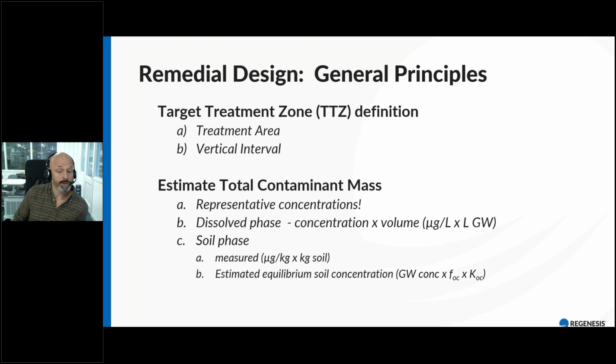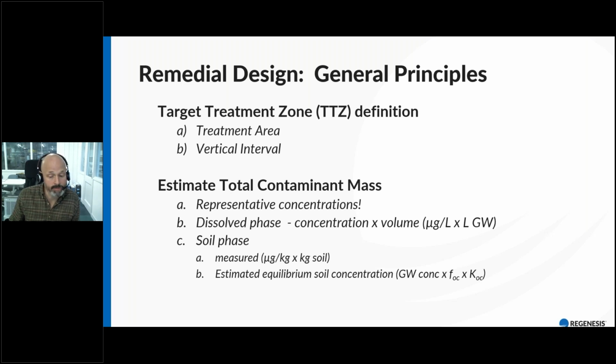Then we will move on to an estimate of the dissolved phase mass. So we will take those representative groundwater concentrations, and we will multiply that by the treatment zone pore water volume to give us an amount of mass in the dissolved phase. Soil phase. Again, we will look for representative soil concentrations that have been taken from the field, and we'll multiply that by the estimated soil weight of the treatment zone.